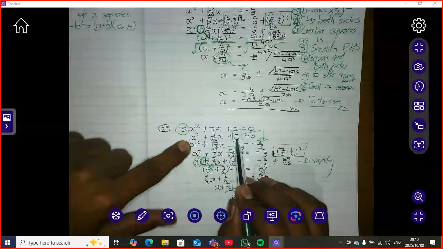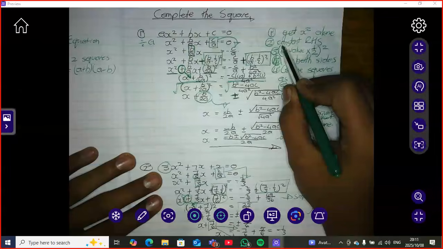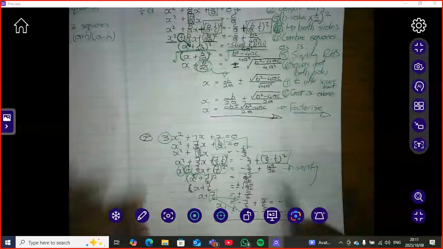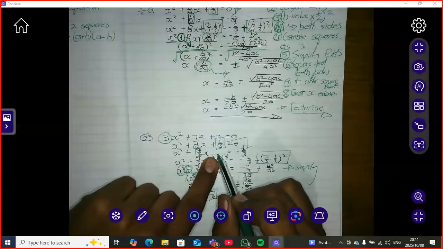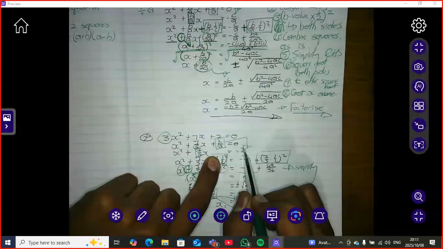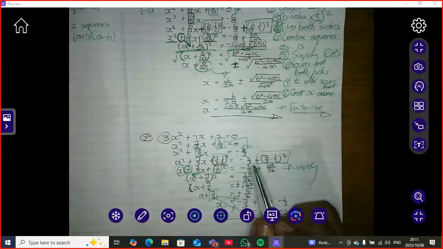It's lonely now. So my step 2 is to take my constant to the right hand side. And I did it here. Constant, right hand side, and I remember to change the sign. Okay.